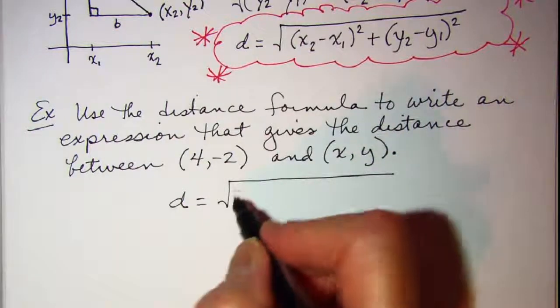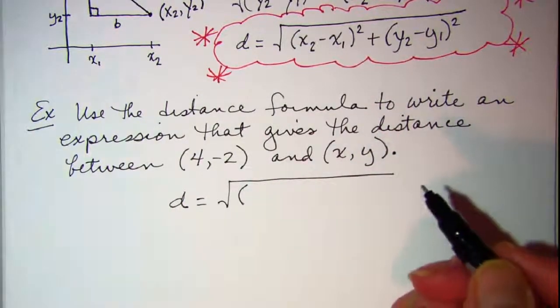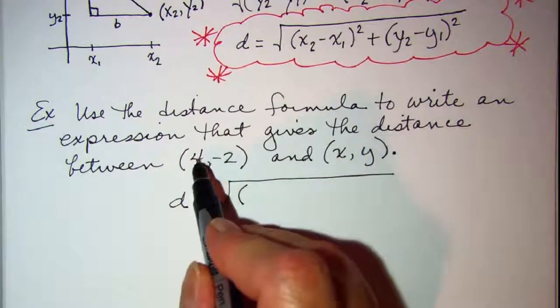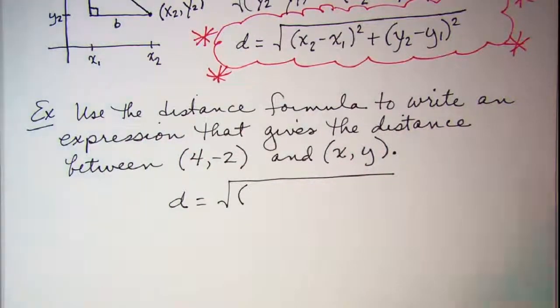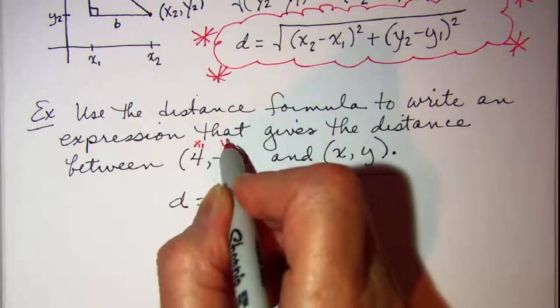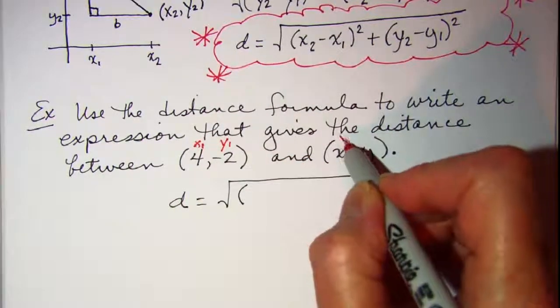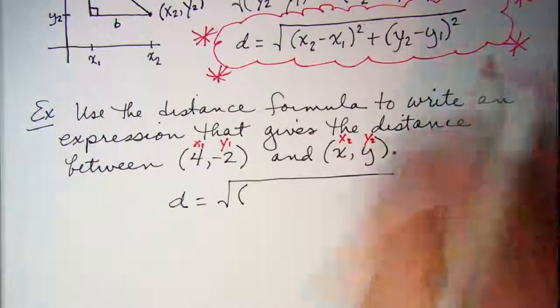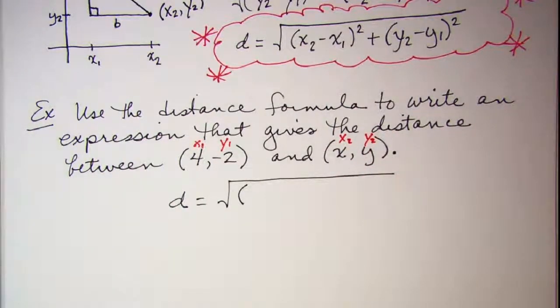So my expression will be open parentheses, x subtract 4. Let's go ahead and indicate this as my x1 and my y1 and my x2 and my y2. And that way it might help you with your formula.